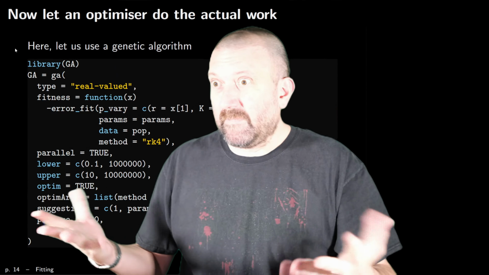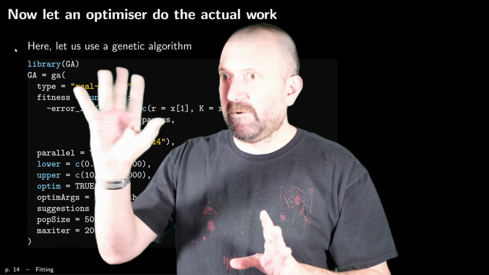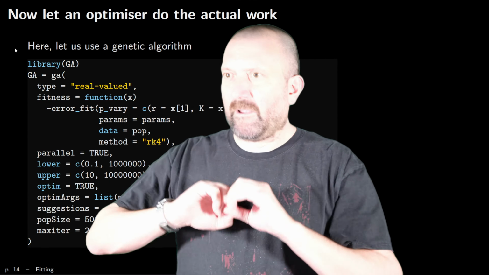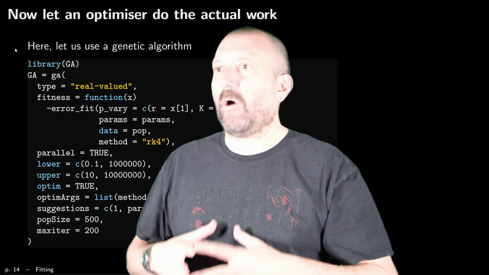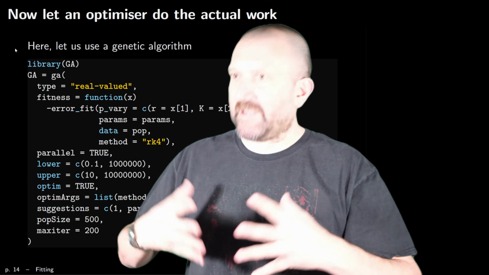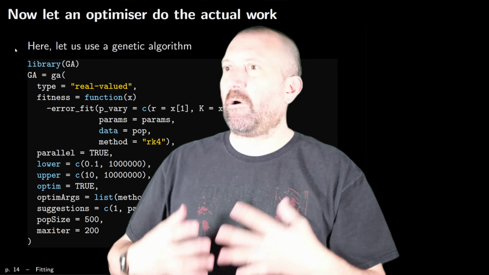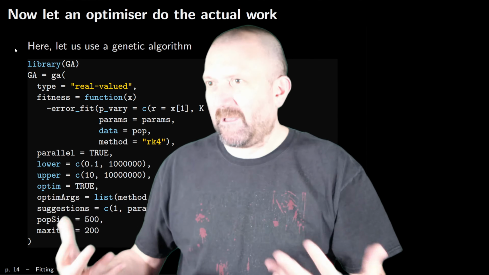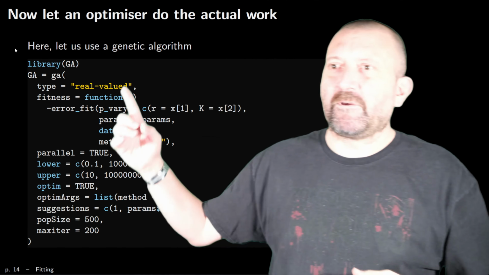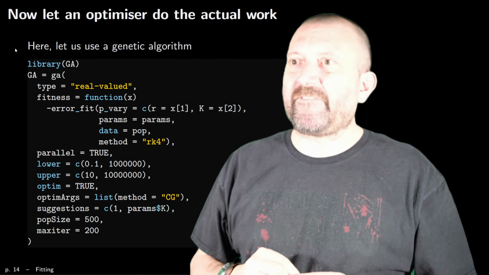So I'm done. I have an error function that, given a set of parameter values, is going to compute the error. And now I'm going to use an optimizer to do the actual work, which is to find optimal values of P such that I have a minimal error. I'm going to do it here using what's called a genetic algorithm.